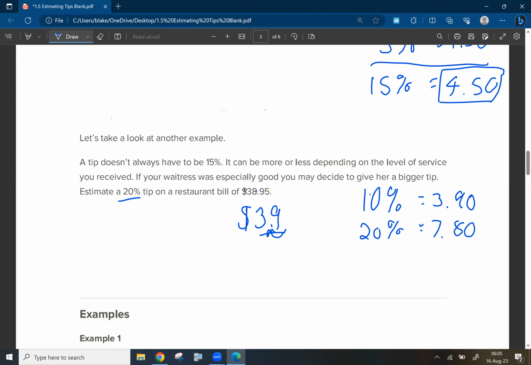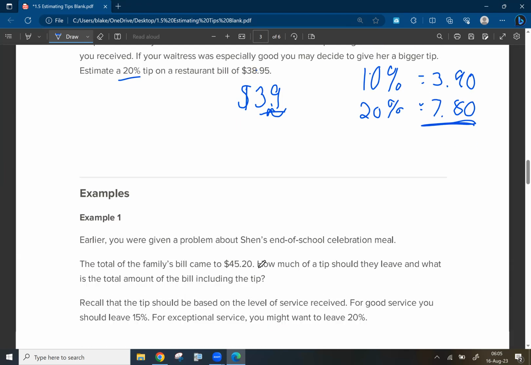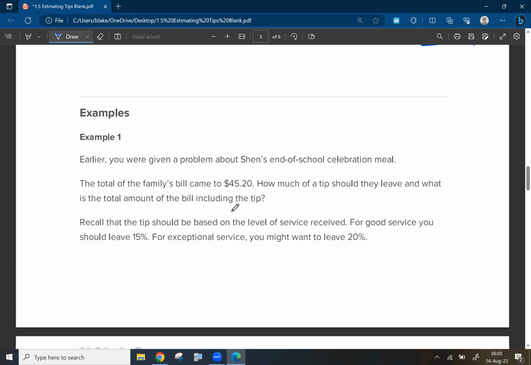So if you double it, $7.80. And there you go. So that's the 20% estimated tip amount. Okay. So that's our process. Going back to the original problem with Sean, the family's bill of $45.20. How much of a tip should they leave?